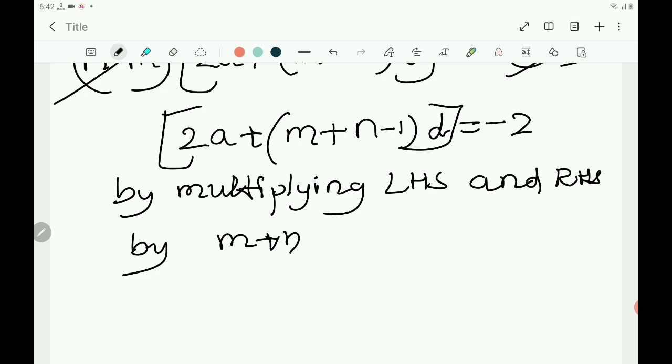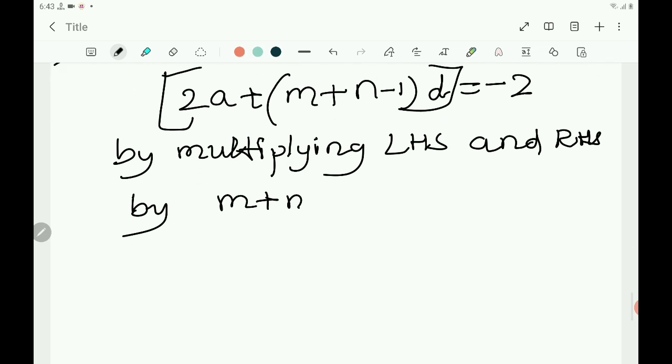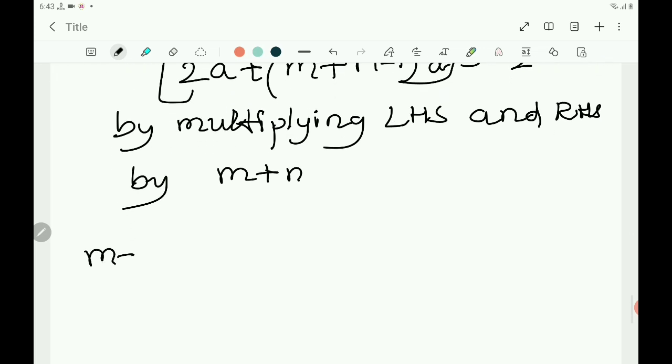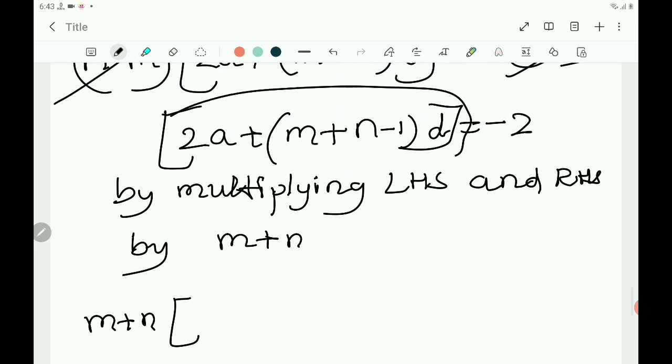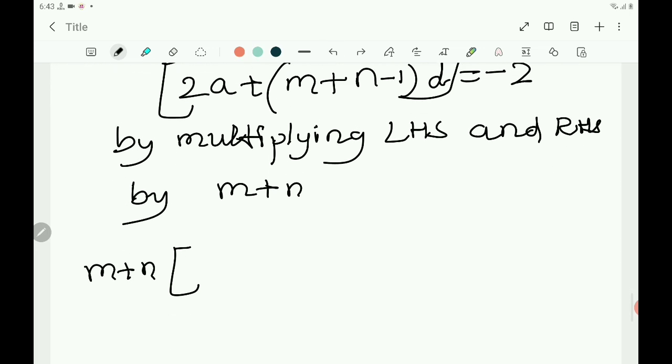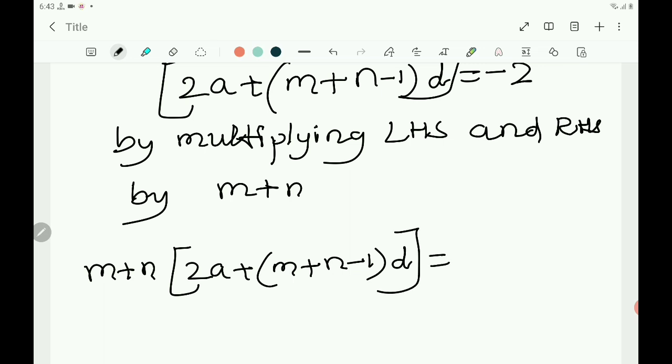So multiply both sides by m plus n. Then m plus n into, write all the terms as they are, 2a plus m plus n minus 1 into d equals minus 2 into m plus n.